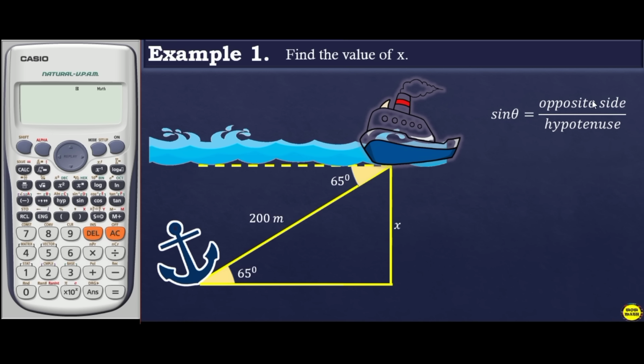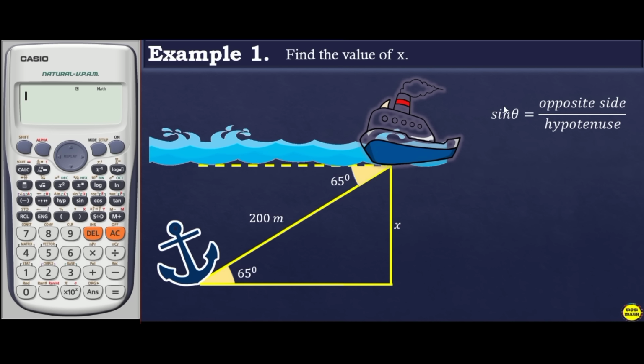Pag sine, opposite side over hypotenuse. So, apply po natin yon. So, we have opposite side since yun ang given natin and the hypotenuse, sine po ang gagamitin natin. So, lagi pong ganon. Identify po natin kung ano yung given kasi dun po natin malalaman kung anong trigonometric ratio ang gagamitin natin.